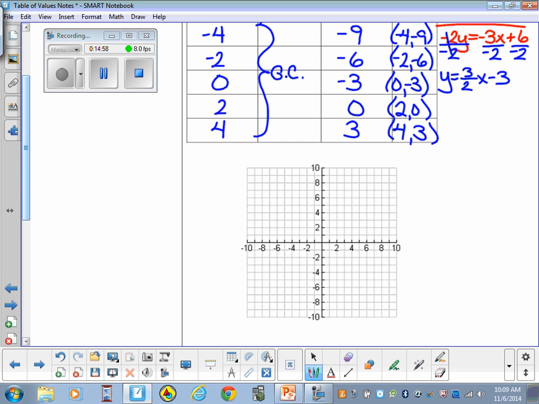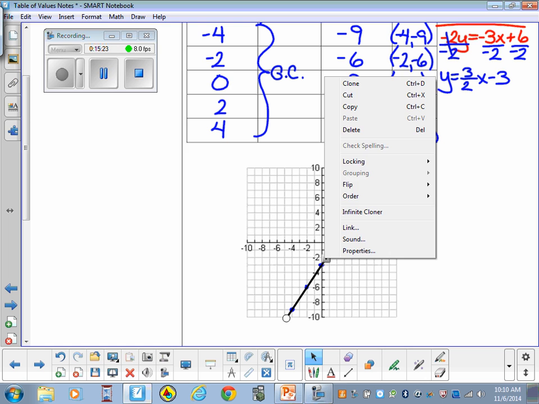Make sure you are using your straight edge, that you go beyond the points you plot, and that you put arrowheads on the ends.